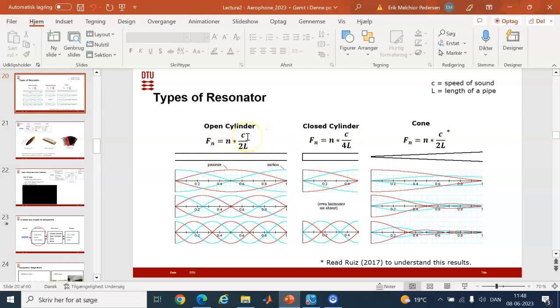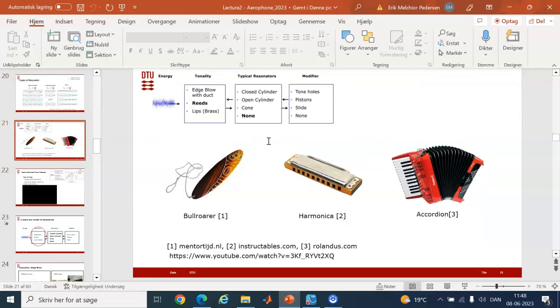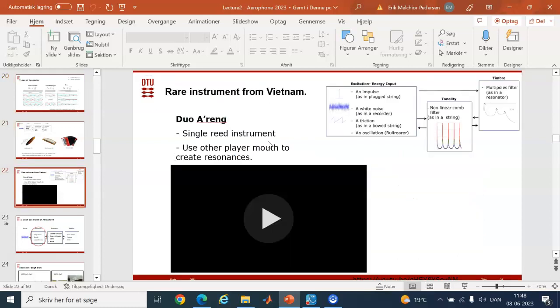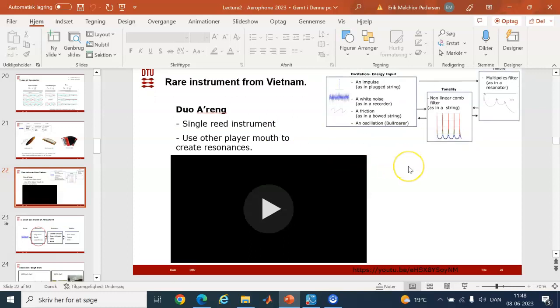It's the speed of sound divided by 2 times the acoustical length. So the longer your length, the lower your frequencies. The shorter your length, the higher your frequencies. Length and frequency are inversely proportional.